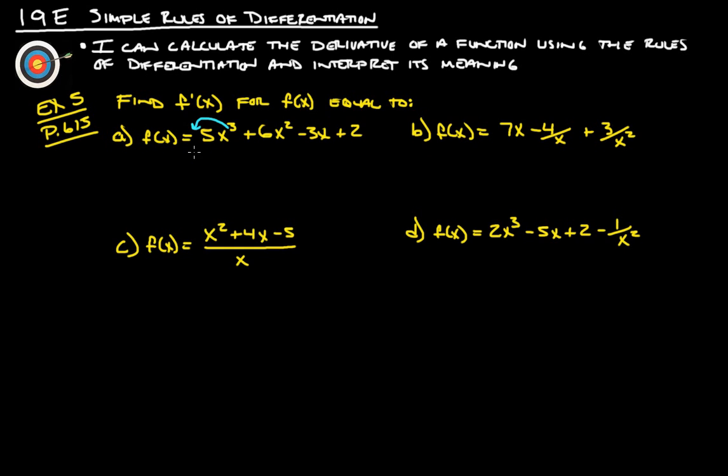So the 3 comes out front here, so f prime of x, we get 3 times, here, let's write it out, 3 times 5, and then we have x to the 3 minus 1, plus 2 comes out front, 2 times 6x, and we take the 2 and subtract 1, and there's a little first power right here, right?